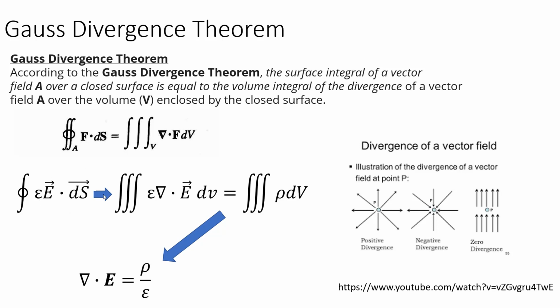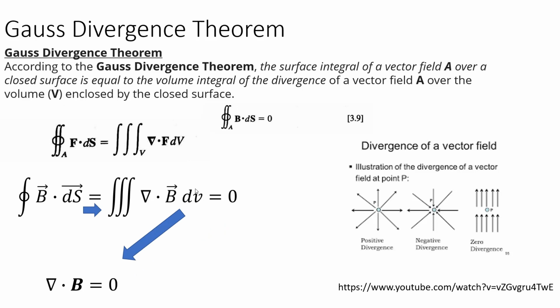And we also know that this is equal to the enclosed charge represented by this equation. So let's focus on this equal to this. If these integrals are equal, then what's inside the integrals are also equal. So del dot E must be equal to rho, dividing both sides by this constant epsilon. So this integral equation evolves to this differential form.